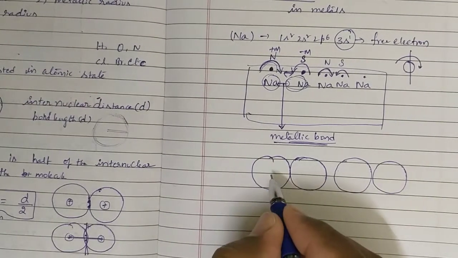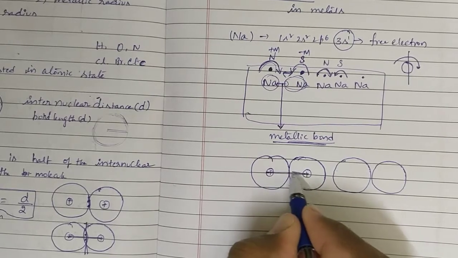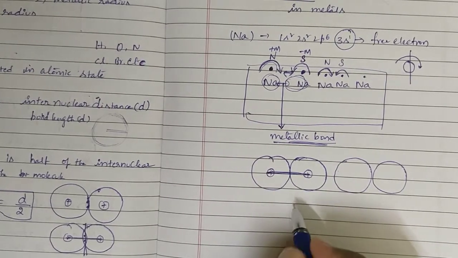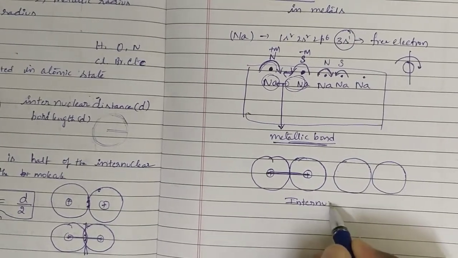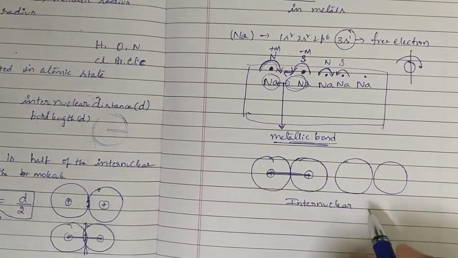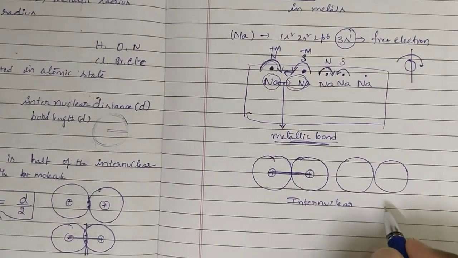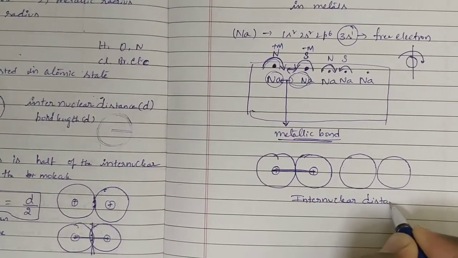Okay, now the distance between these two nuclei of sodium atoms, which are present very nearby each other because of metallic bond, is called internuclear distance.